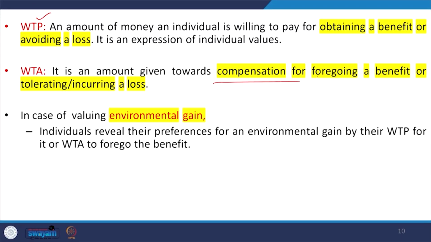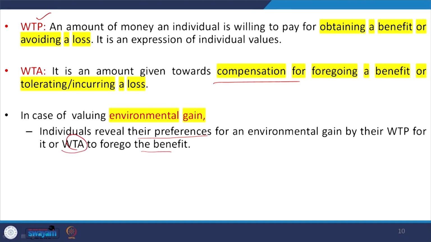In order to measure this environmental gain, individuals will reveal their preferences by expressing their values in terms of willingness to pay, or if they just allow it to be forgone because they do not require the particular benefit, then it is expressed in terms of willingness to accept.